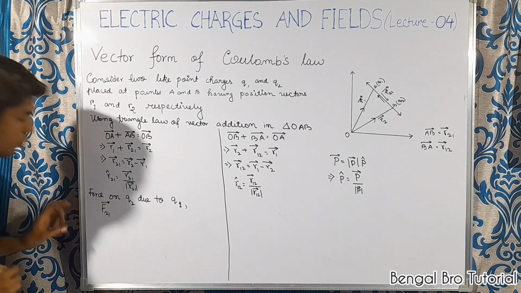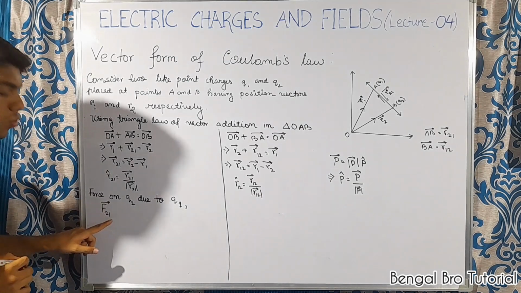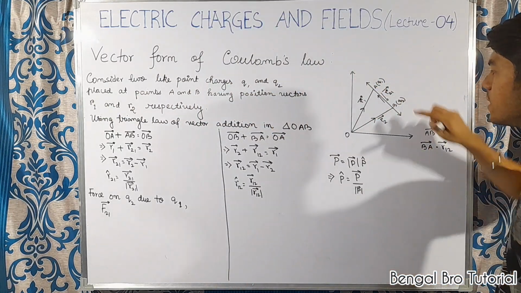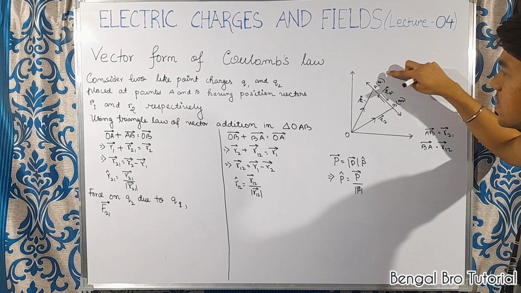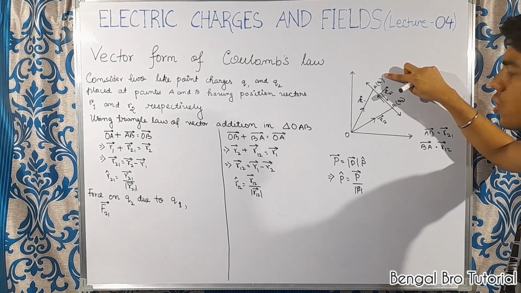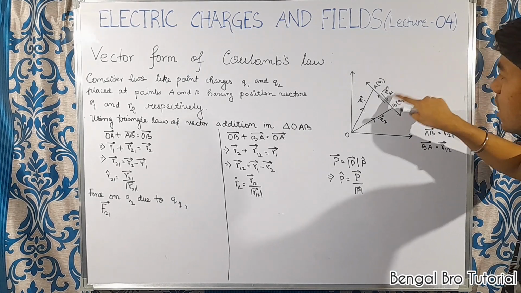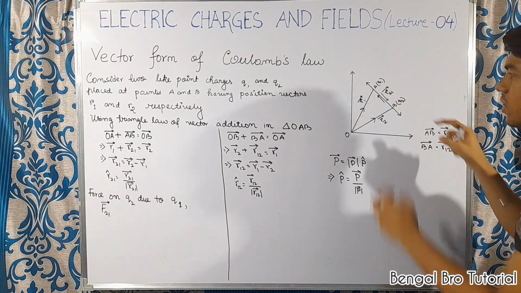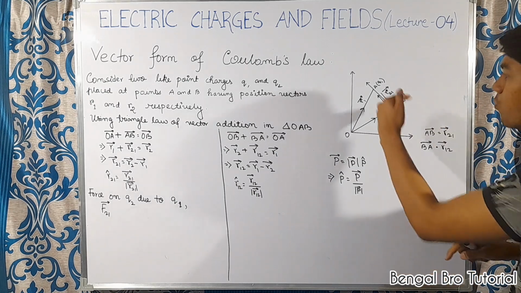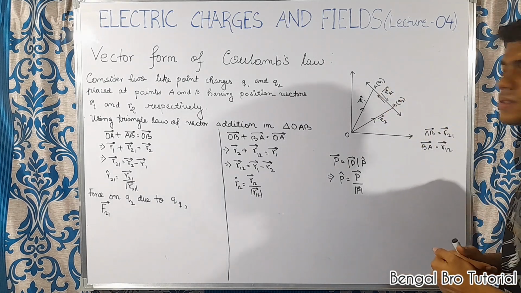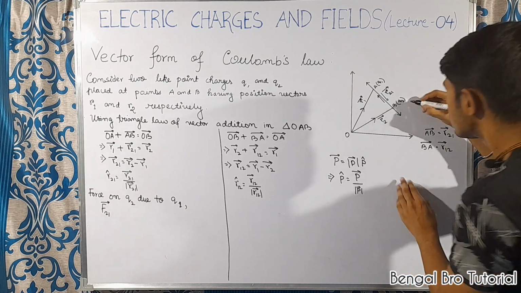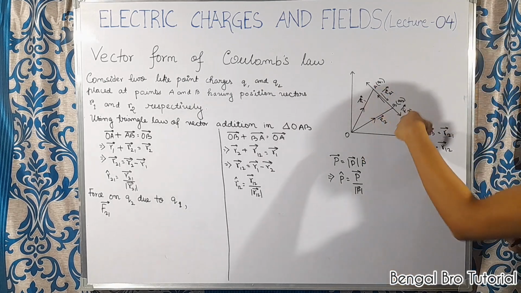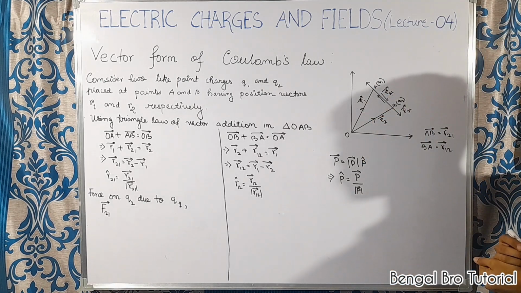F21, force on 2 due to 1, means we are talking about the force that will be experienced by charge Q2 due to the presence of the charge Q1, and the direction of this force is going to be along R21 vector, because these two are like charges, so they will repel each other and the charge Q2 will move away from charge Q1 because of the repulsive force. So here F21 will be in this direction and this is the vector representing F21.